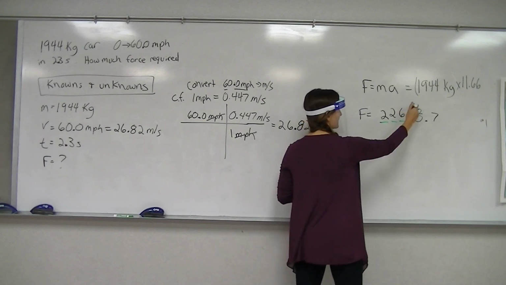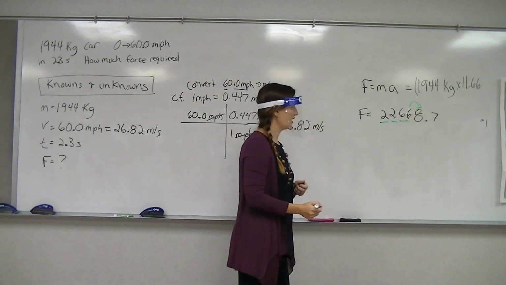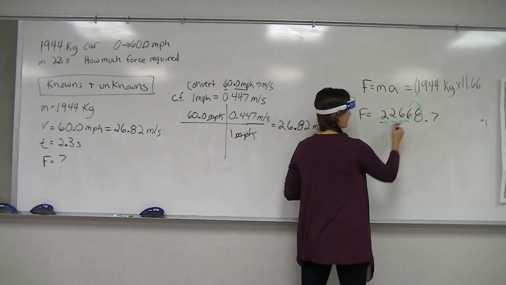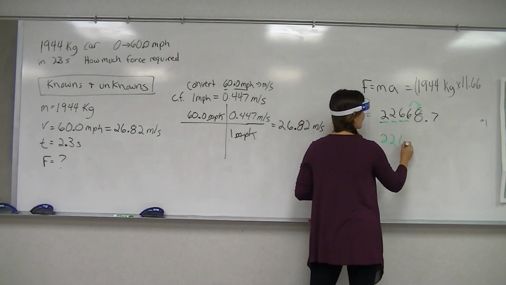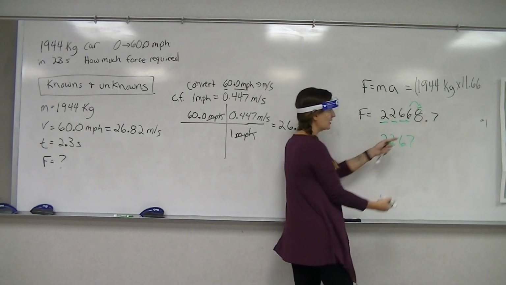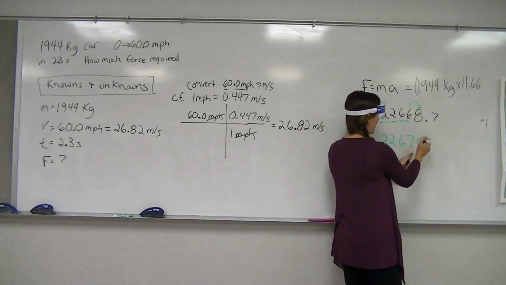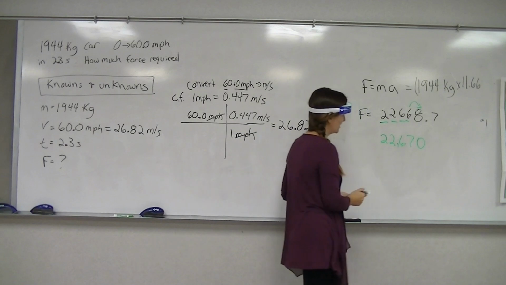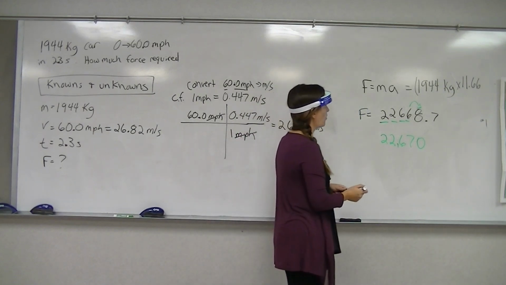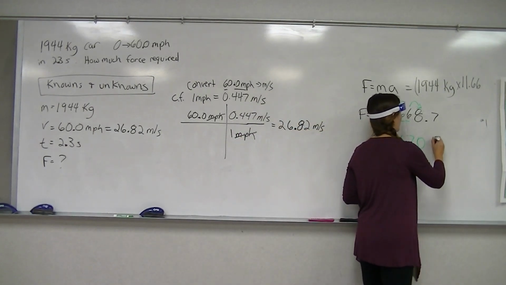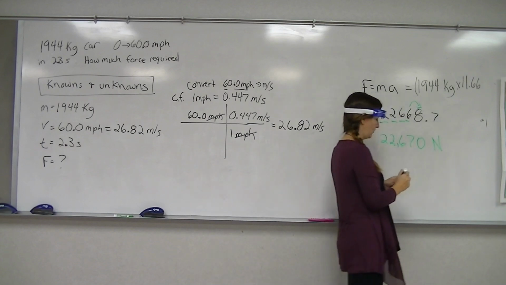So we want to stop at the 6. Look at the number next to it. It's 5 or higher, so that's going to round up to a 7. So we get 2, 2, 6, 7. But we need a placeholder for that 8. So we're going to put a 0 there. So it's 22,670. What are the units? Force is measured in newtons.